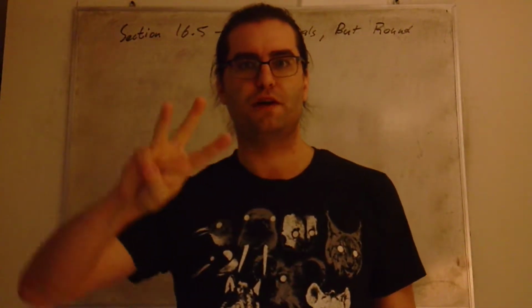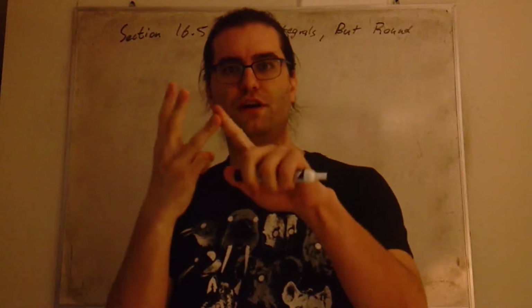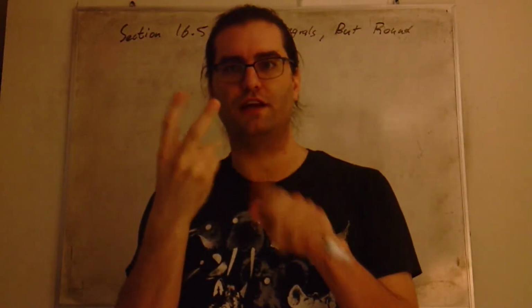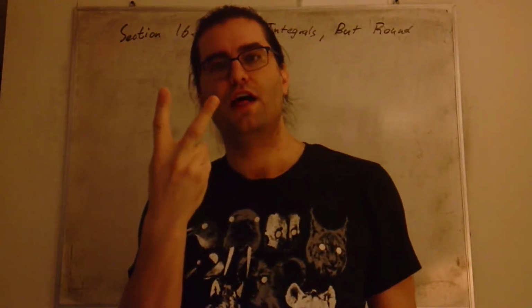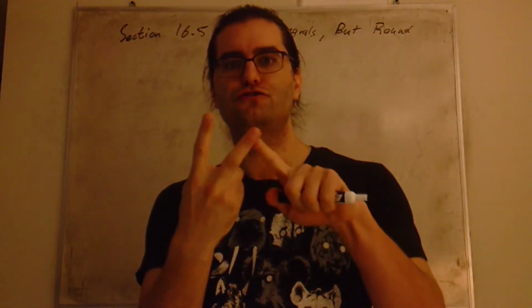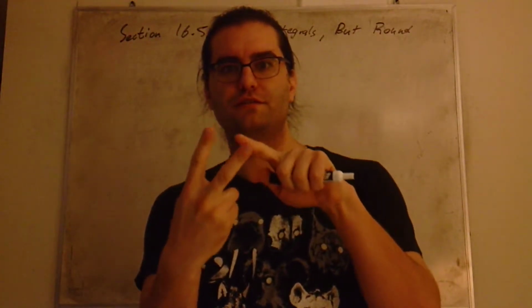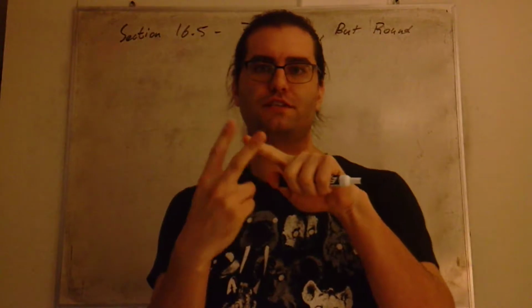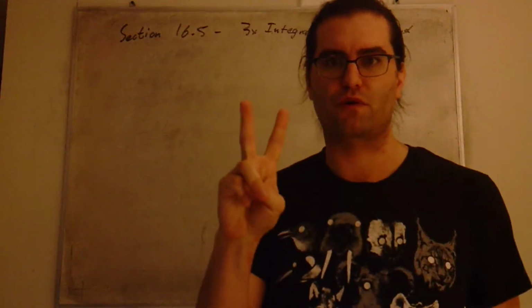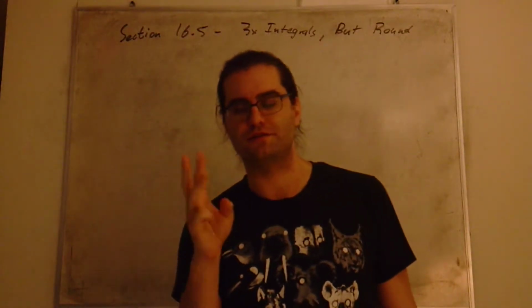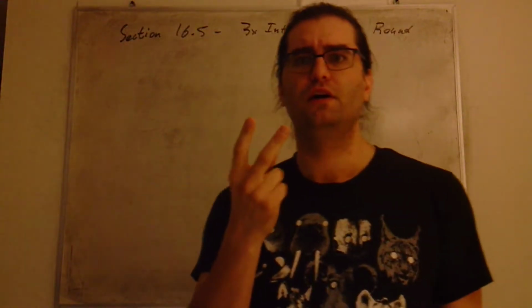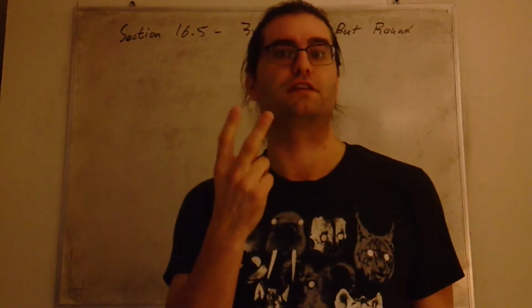In 3 dimensions, we still have rectangular stuff. We've done that. That's your x's and your y's. There are 2 different ways we can make our coordinate system round if we're working in 3 dimensions. And one of them is going to make a lot of intuitive sense, and that's the one that we're going to start with.